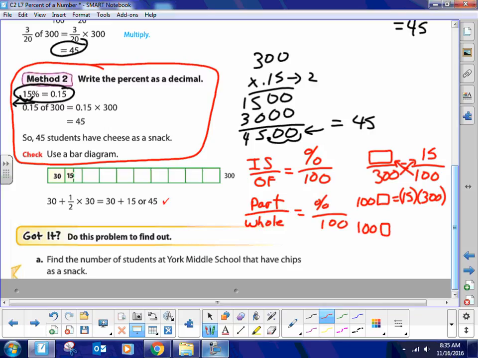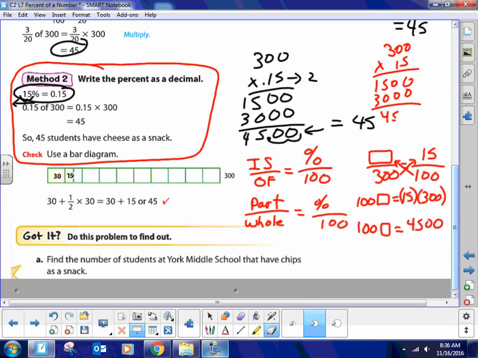You're solving this right here, and you multiply 15 times 300, which we have already done, which is 4,500. I'll do it for you real quick. 300 times 15 is 4,500. Right, that's not a 6, that's a 0.